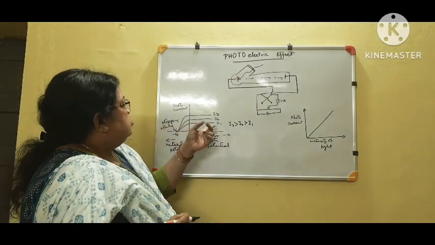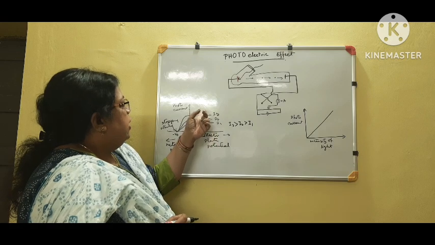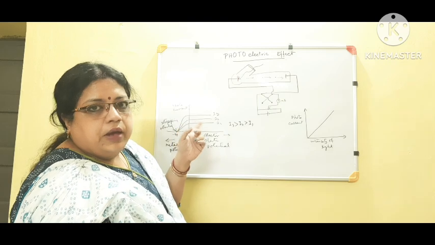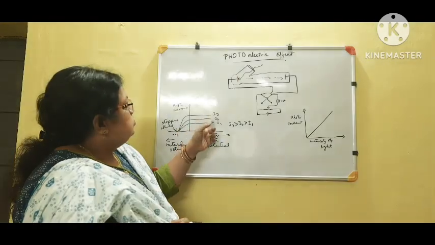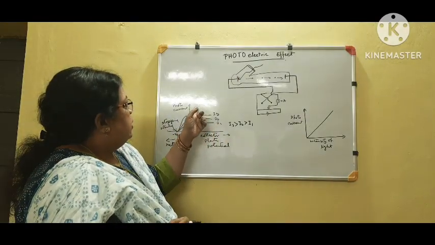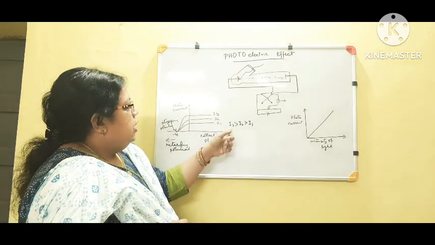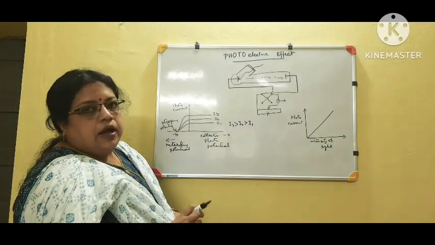When intensity is higher, the number of emitted electrons is higher, so the saturated plate current is also higher for I3 greater than I2 greater than I1.